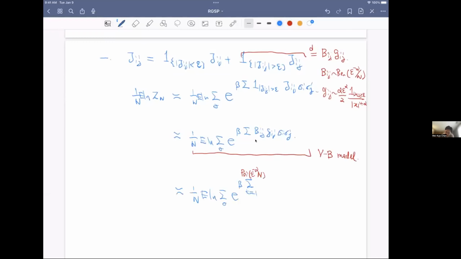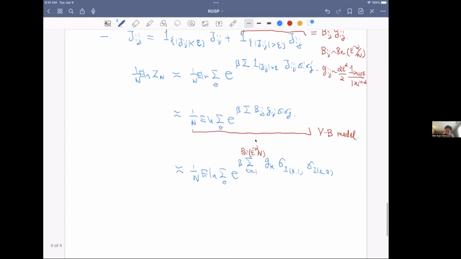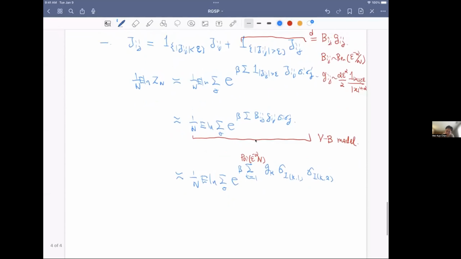And the summand is the same as before: G_k, sigma_{i_k1}, and sigma_{i_k2}. You see some new notations, so let me explain this carefully.